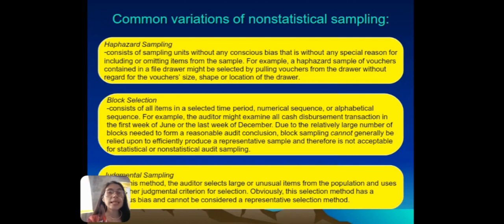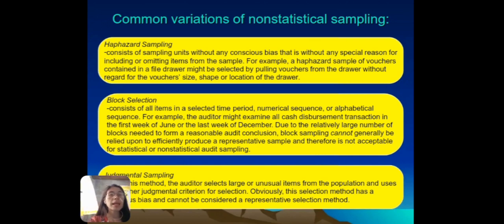The next one is block selection. When we say block selection, it consists of all items in a selected time period, numerical sequence, or alphabetical sequence. Let's say, for example, the auditor might examine all cash disbursement transactions in the first week of June or the last week of December.